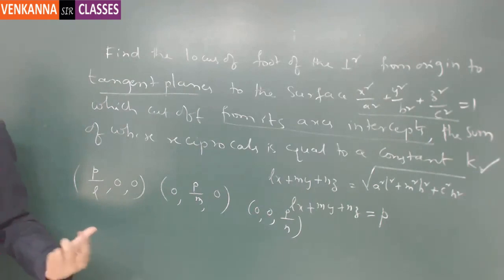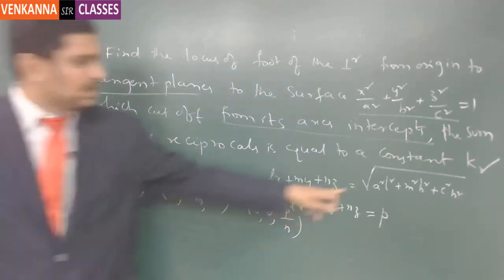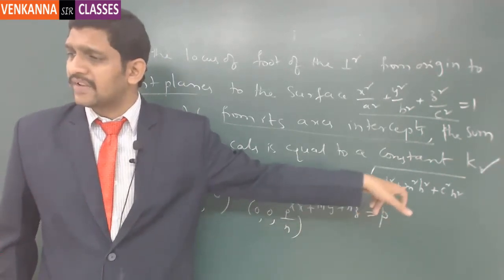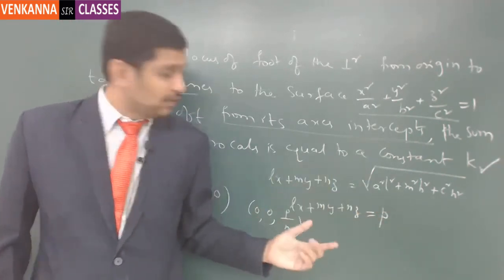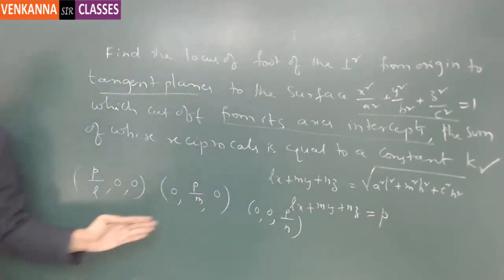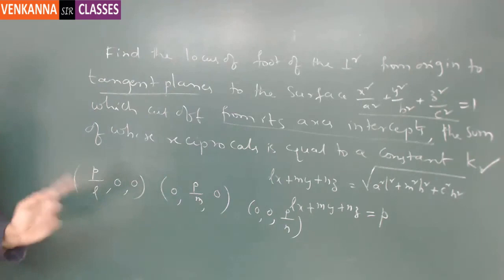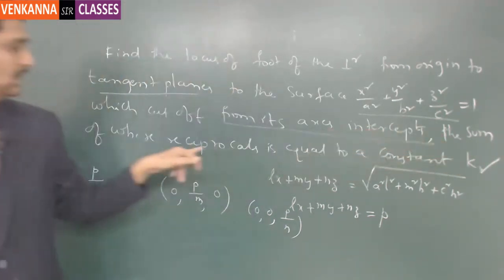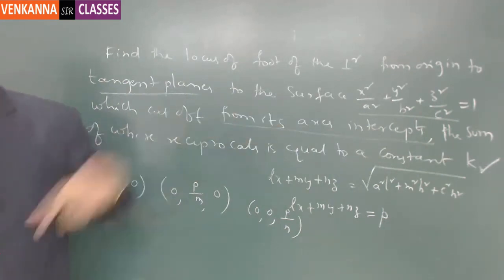So here p is nothing but the square root of a²l² + b²m² + c²n², the distance. So whenever you consider a plane equation of this form, the intercepts are nothing but this. And it is given one more thing: the sum of the reciprocals is equal to k.